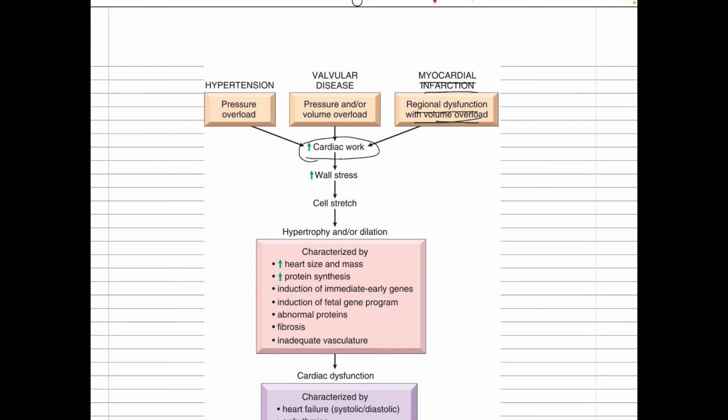This cardiac work leads to stress within the ventricular cells. This stress, according to the Frank-Starling law, increases contractility, that is, cells stretch to a certain limit. Beyond the physiological limit, this leads to hypertrophy or dilation.